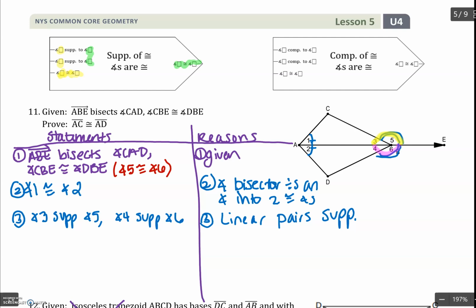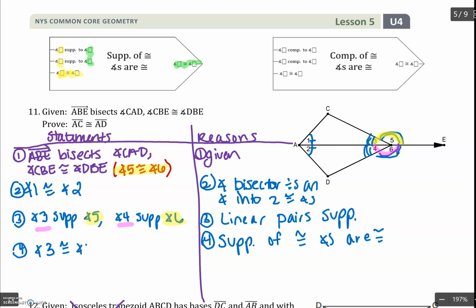Because I know that 5 and 6 were congruent from the given, that means that 3 and 4 also have to be congruent because supplements of congruent angles are congruent. And that's how I can put into my proof that angle 3 is congruent to angle 4.